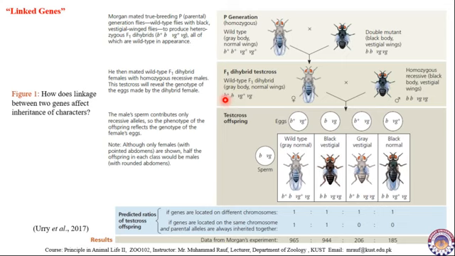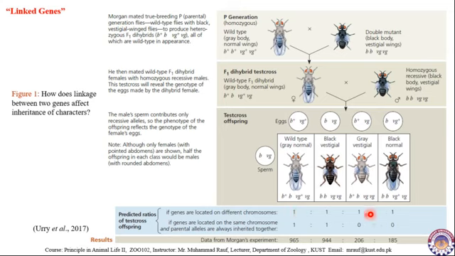This B can match with this one, then this B with this one, this B with this one, and this with this one. So all four types of combinations are possible here, and the expected ratio for the F2 generation was 1:1:1:1.